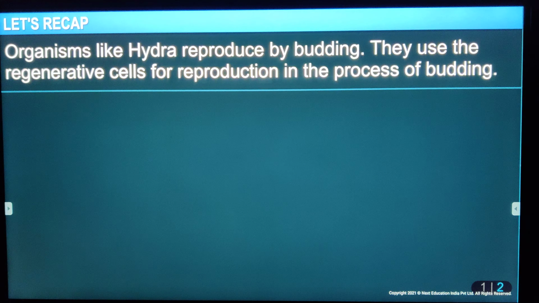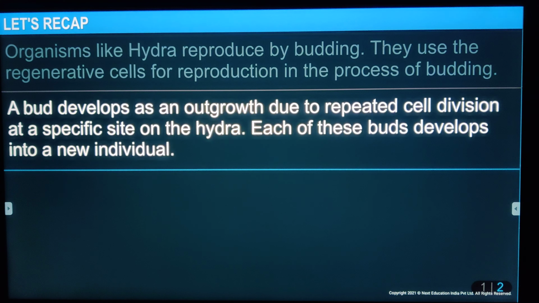They use the regenerated cells for reproduction in the process of budding. A bud develops as an outgrowth due to repeated cell division at a specific site on the Hydra. Each of these buds develops into the new individual.